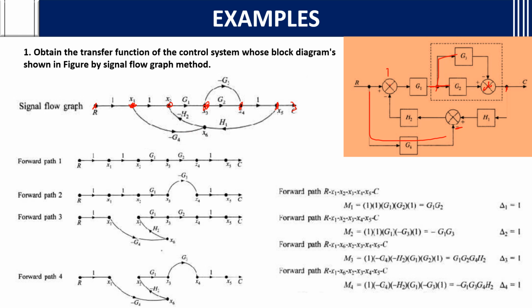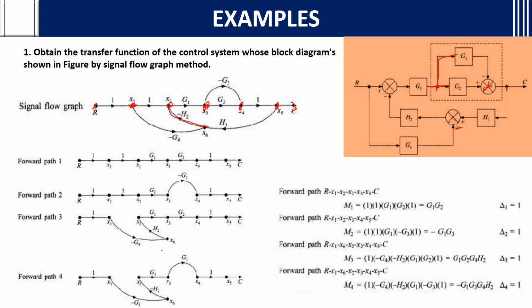After writing this, there is one more thing connected to this, that is in the reverse direction. Here also minus is there, so minus H2 will be the feedback to this x2. This is x1, this is x2. After H2, from x2 to x3 there is G1.